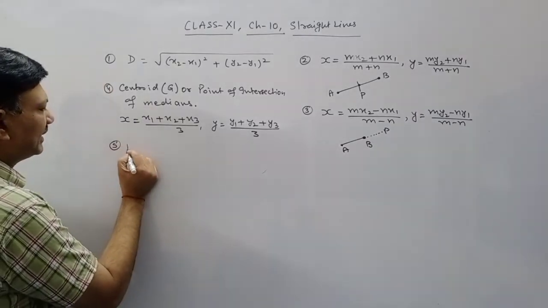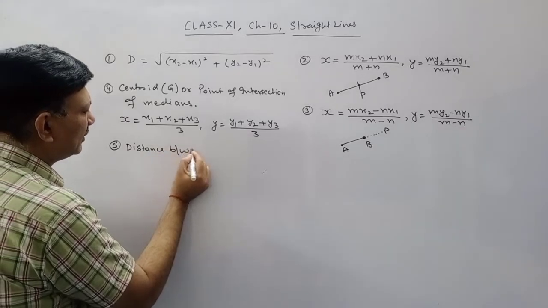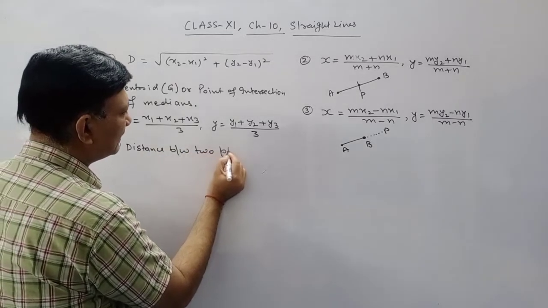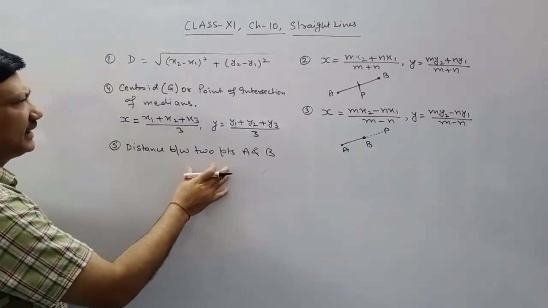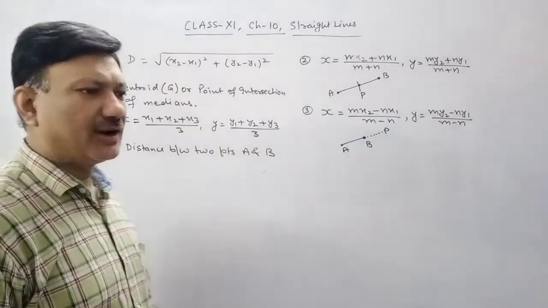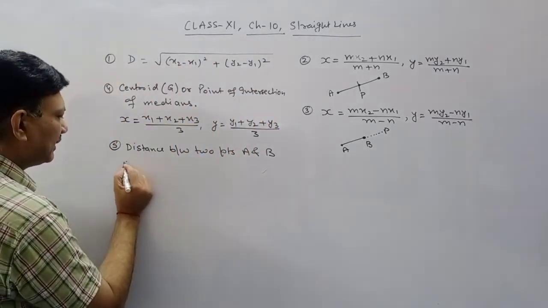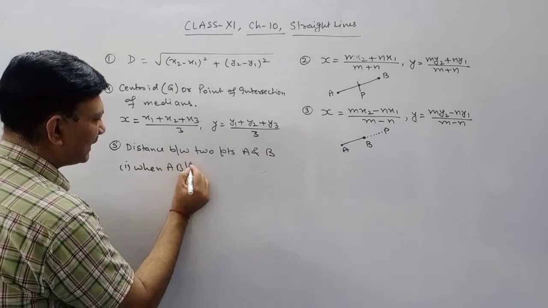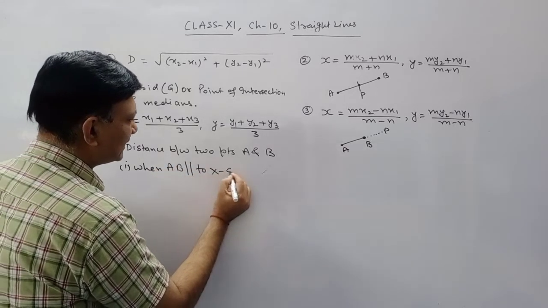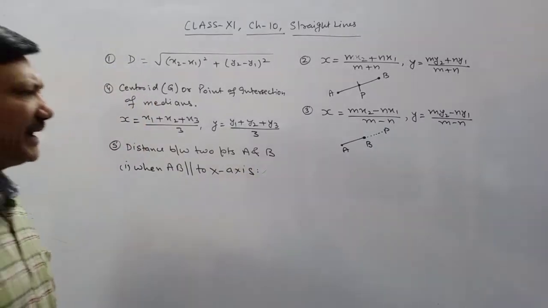अब देखिए distance between 2 points A and B। अब ये चीज तो हम ऊपर पढ़ चुके हैं कि how to find the distance between 2 points A and B, but when AB is parallel to x-axis, what is the distance when the line is parallel to x-axis?